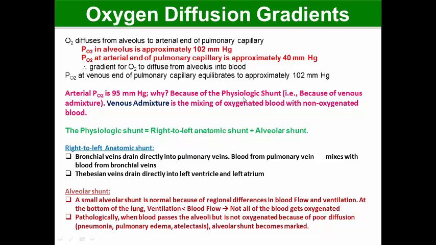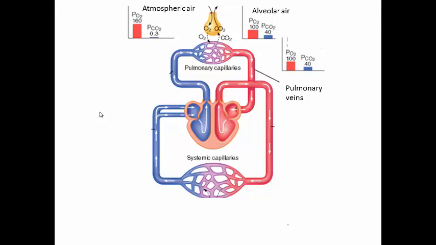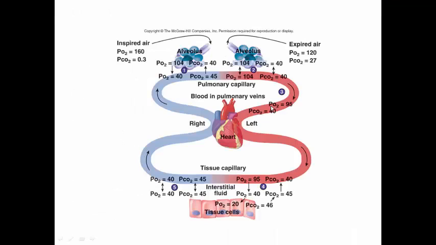What is the meaning of the physiological shunt? By physiological shunt, we mean the venous admixture. What is the meaning of venous admixture? This is the mixing of the oxygenated blood with non-oxygenated blood. What's the meaning of this? So this oxygenated blood, where the partial pressure of oxygen was 105 or 104 millimeters of mercury, is mixed somehow with deoxygenated blood.